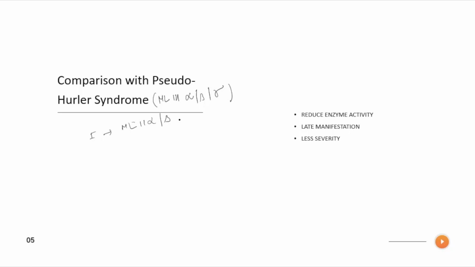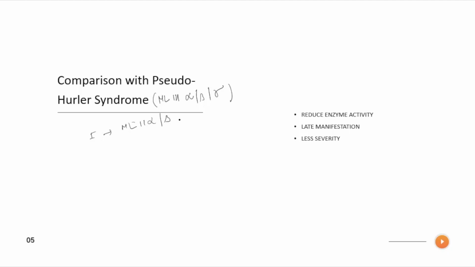So how do we differentiate? We can differentiate on the level of severity. I cell disease is caused by null mutations in the GNPT-AB gene. The presentation will be much more severe and with early manifestations compared to pseudo-Hurler syndrome, which is due to a loss of function mutation.